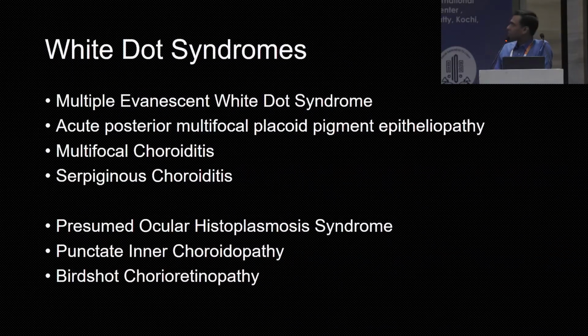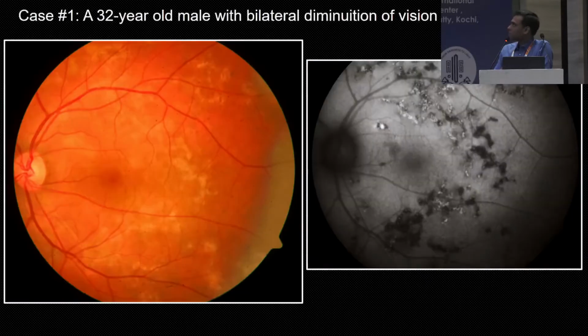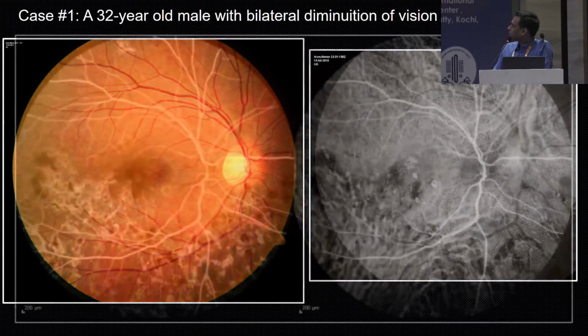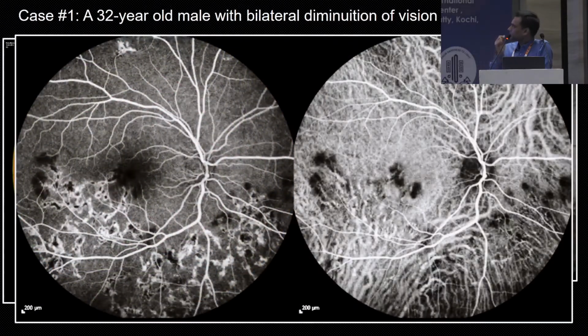Similarly, white dot syndromes can also be diagnosed and managed using multimodal imaging. This is a case of serpiginous choroiditis, and here this is a FFA plus ICG image which shows the low flow lesions of the choroid on ICG, which would otherwise not be visible on simple FFA.